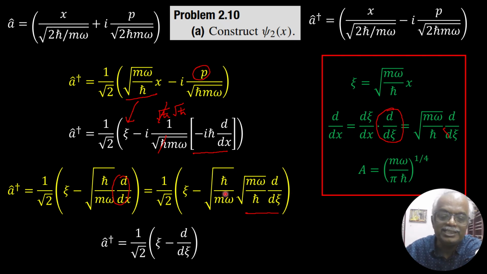So here you can see the square root of mω will get cancelled with the square root of mω, and ħ will get cancelled with this ħ. So ultimately I will get the creation operator A dagger equal to 1 over square root 2 times (z minus d/dz). Like that, for the annihilation operator, this minus will become plus. So we have reduced it to a very simple form. That is the beauty of this reduction. So we will move further.